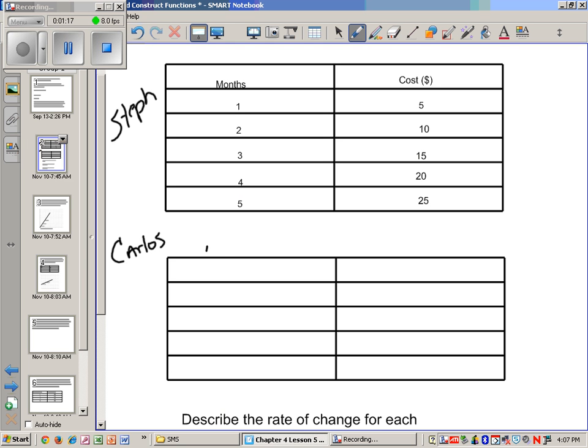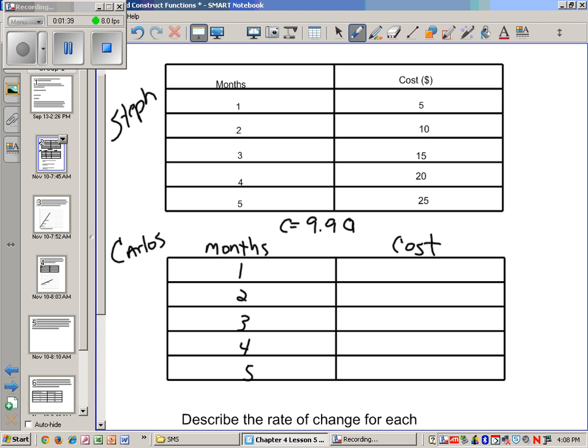So we have months for Carlos and cost for Carlos. Okay, for Carlos we'll fill in 1, 2, 3, 4, 5 months. And going back to our problem, cost equals $9.99.